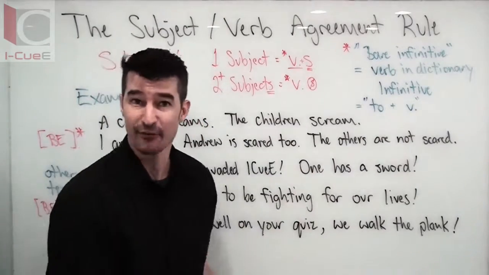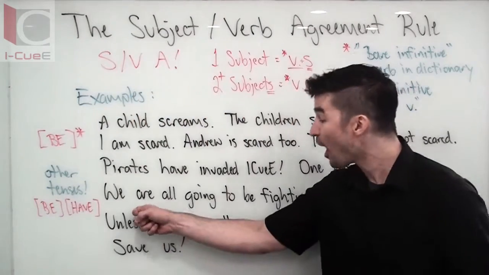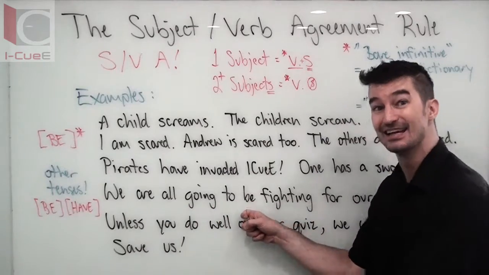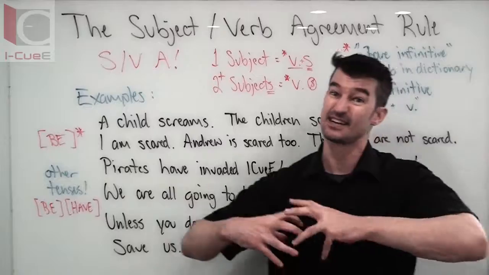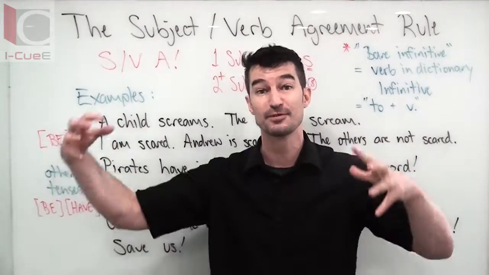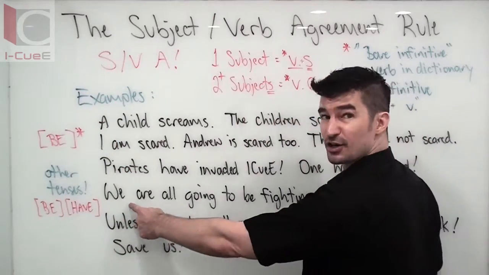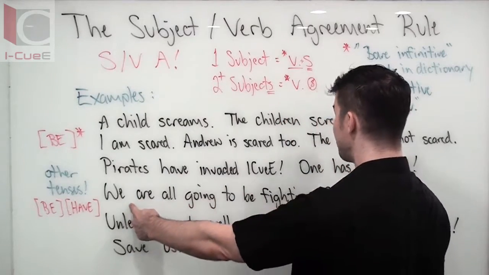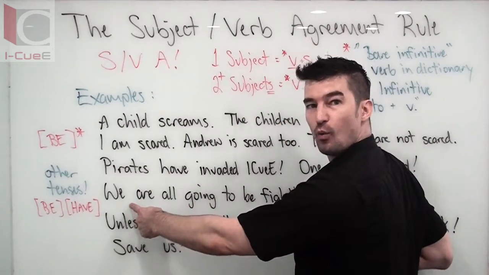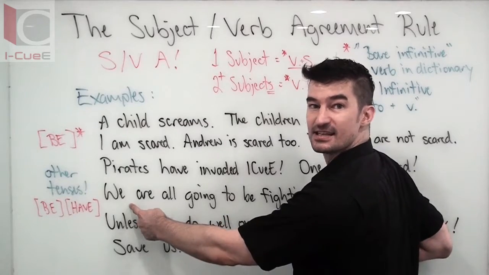Now, we are all going to be fighting for our lives. You know, against pirates. That's what we are going to be doing. We're all going to be fighting. Now, this is a very complicated verb structure. All of these words, not all, but are going to be fighting, this is all one verb tense.